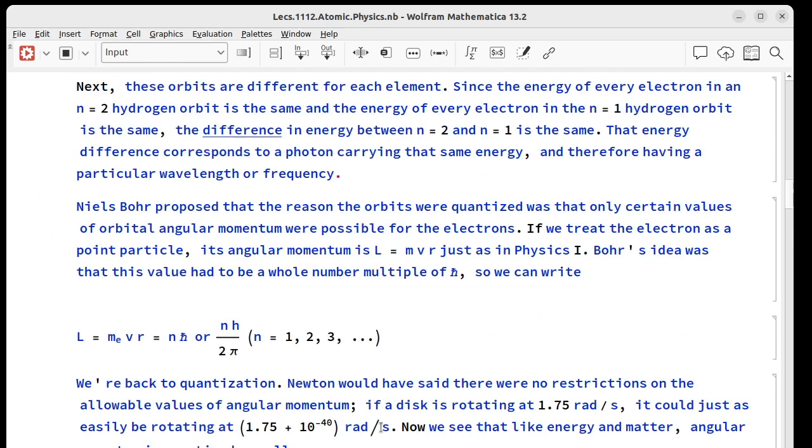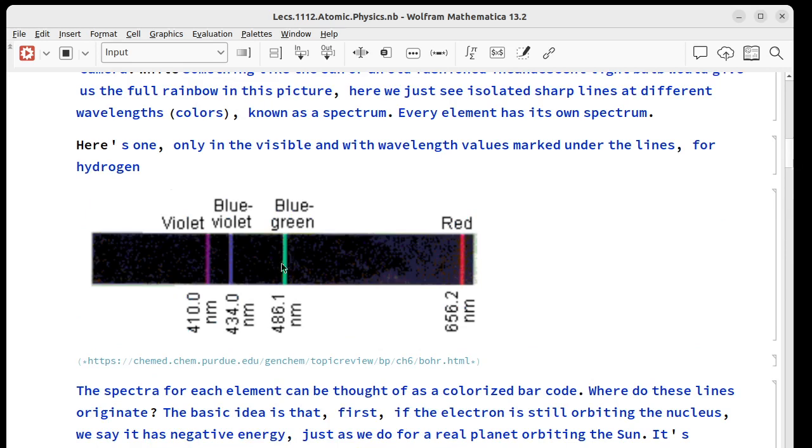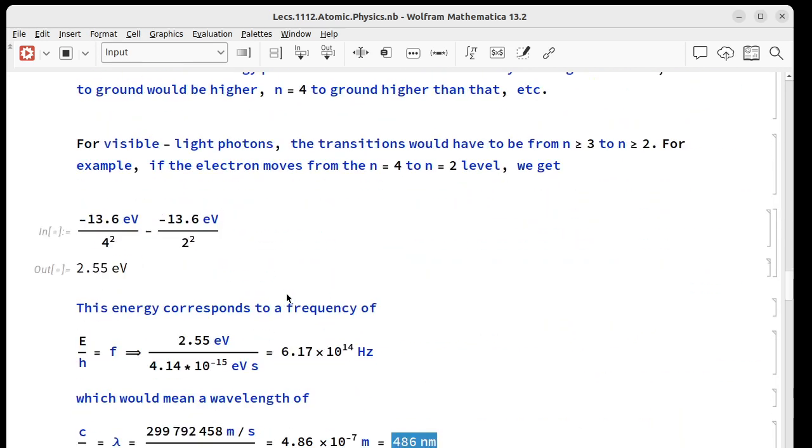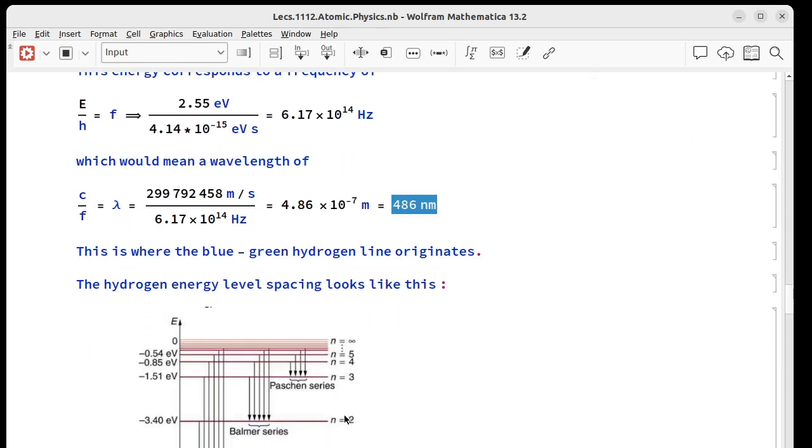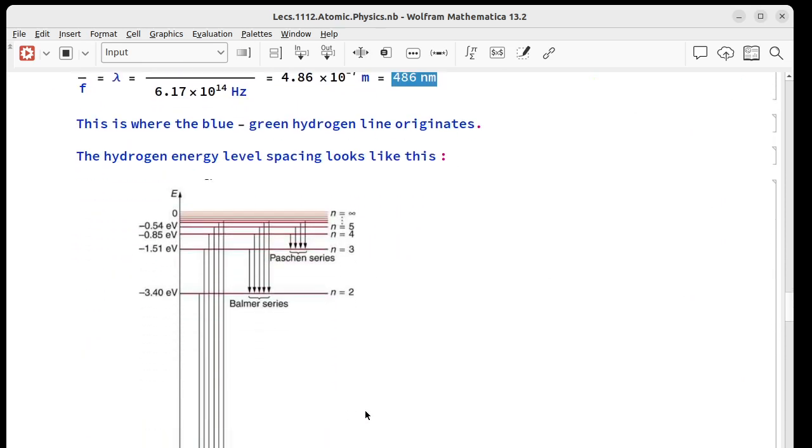So when we go back up and look at this, the 486 nanometer line comes from an electron that's in the n equals 4 state jumping down to the n equals 2 state. This is what we could draw our hydrogen energy level spacing as, and it's sometimes called an energy staircase.